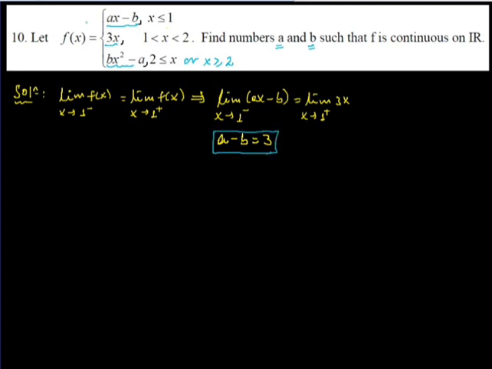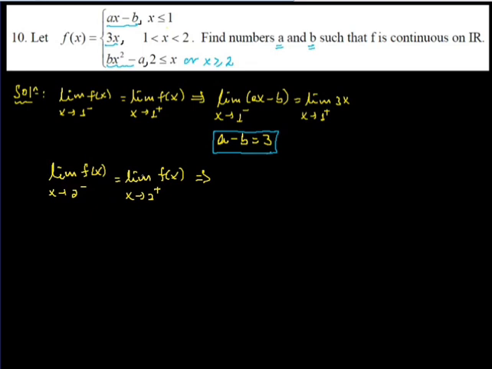Okay, the other thing, the function should be continuous at 2 also. So the limit of f of x as x approaches 2 from the left must be the same as the limit of f of x as x approaches 2 from the right. Now you have to know which functions to take from the right of 2 and from the left of 2.